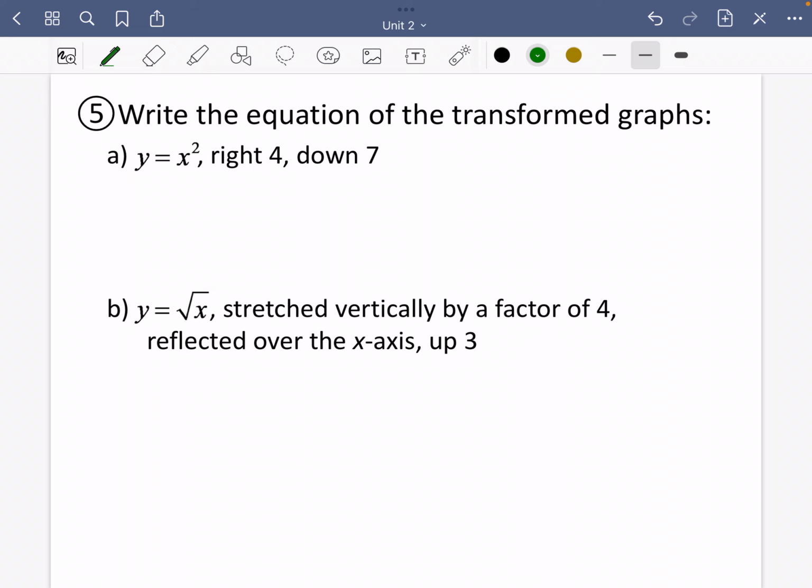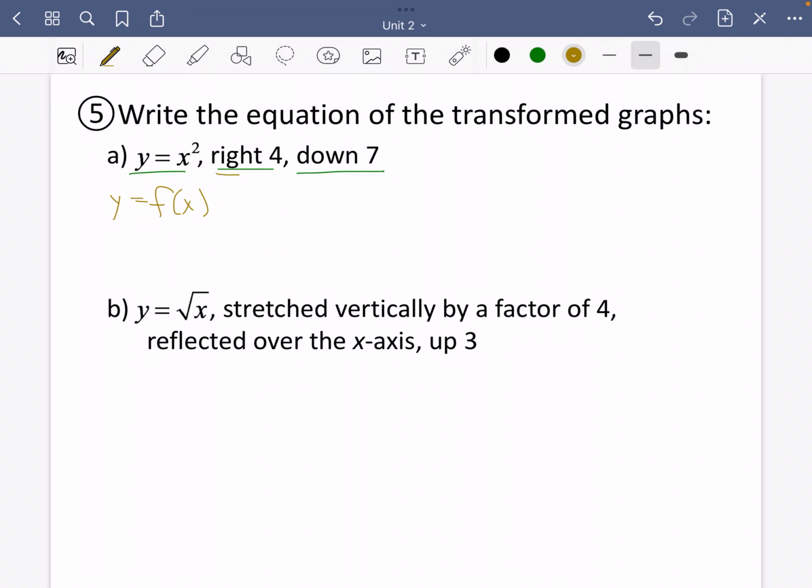So if we start with y equals x squared, and we want to shift that graph right 4 and down 7, let's think about what that would look like. Let's ignore for a minute that it's y equals x squared. Let's say it's y equals f of x, where f of x happens to be x squared.